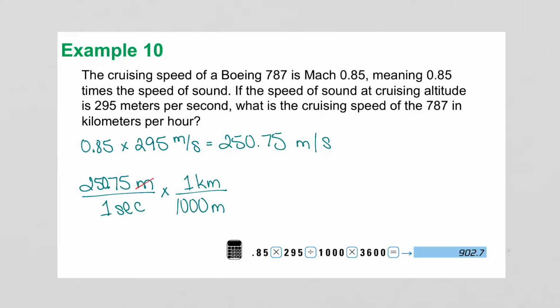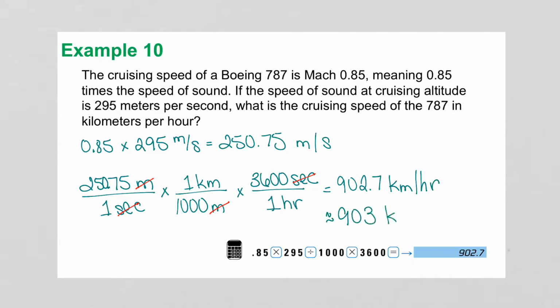So we're trying to get to kilometers. And we know that there are 3,600 seconds in 1 hour. Now this is on your conversion sheet. So we would take 250.75, divide by 1,000, and then multiply by 3,600 and get 902.7 kilometers per hour. And rounding that, we would say 903 kilometers per hour.